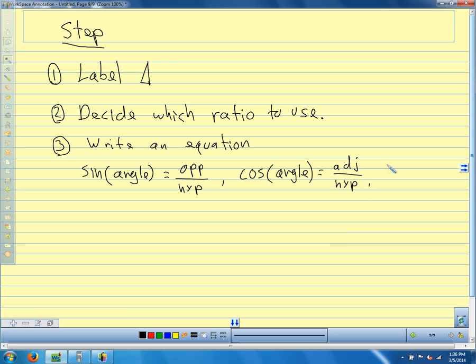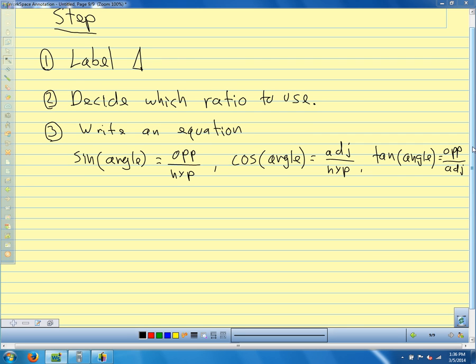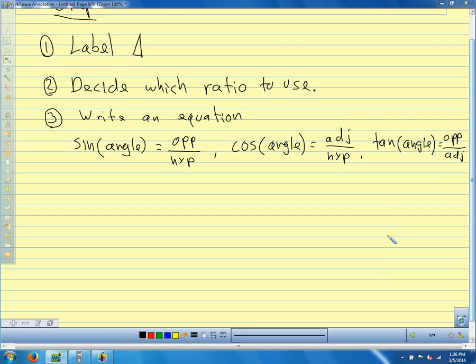And if we know the opposite and the adjacent, we're going to write tangent of the angle equals opposite over adjacent. So we'll write one of those three equations, depending on what sides of the triangle the problem gives us.